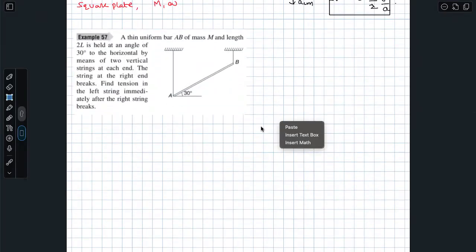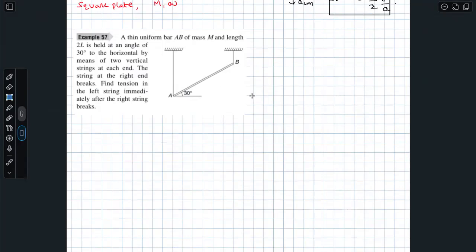Today also, the moment you are back home, just go through this. A thin uniform bar AB of mass capital M and length 2L is held at an angle of 30 degrees to the horizontal by means of 2 vertical strings at each end. The string at the right end breaks. Find the tension in the left string immediately after the right string breaks.